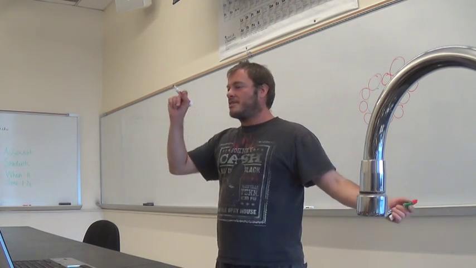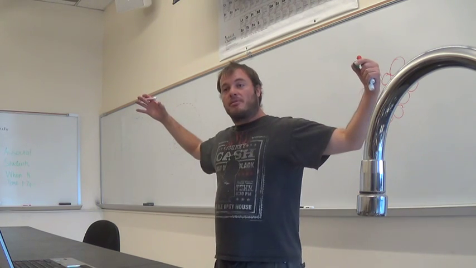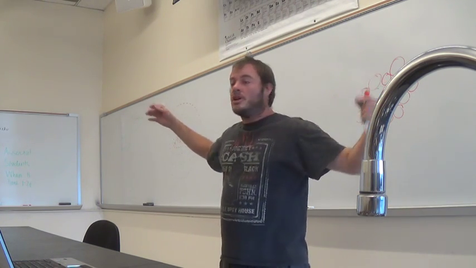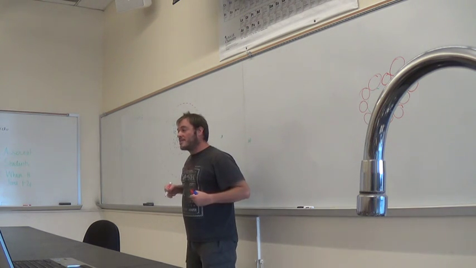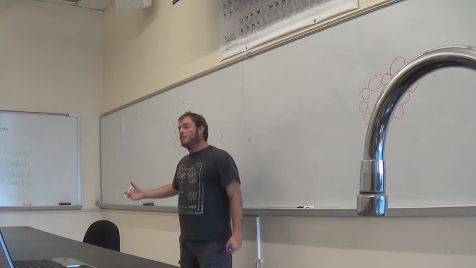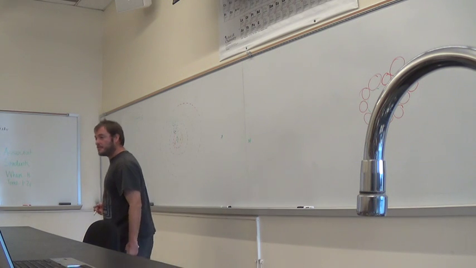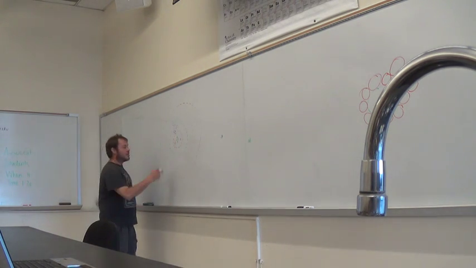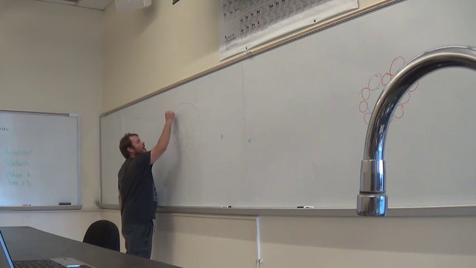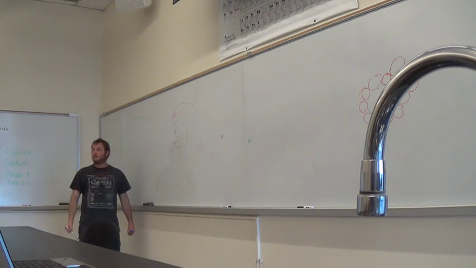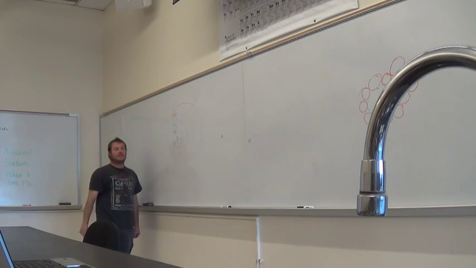You pull out a skin from the inside, it's going to be really tiny. You pull out a skin from the outside, it's going to be much larger. Well, it turns out that because these shells are growing in size, they begin to be able to accommodate more electrons. So once you get out to this third shell here, now you can fit 18 electrons. The shell after that, I think you get 18 electrons.